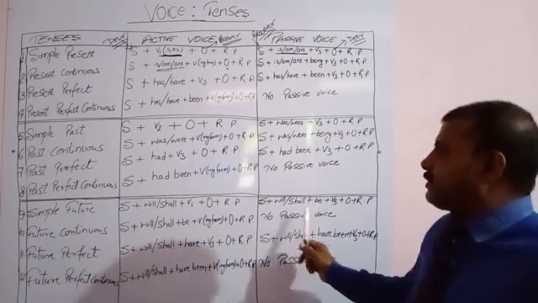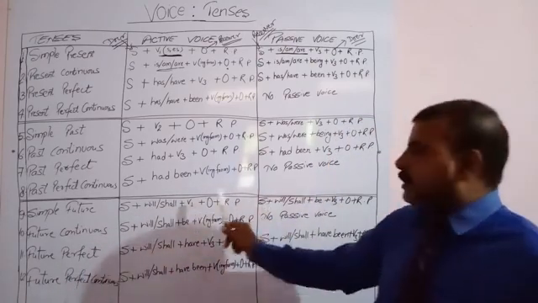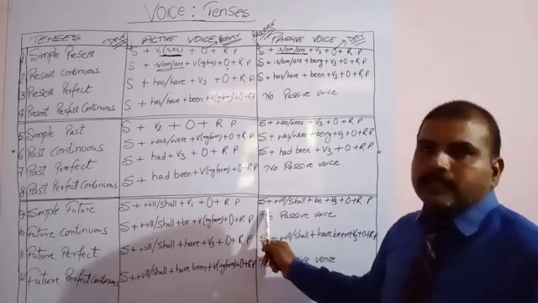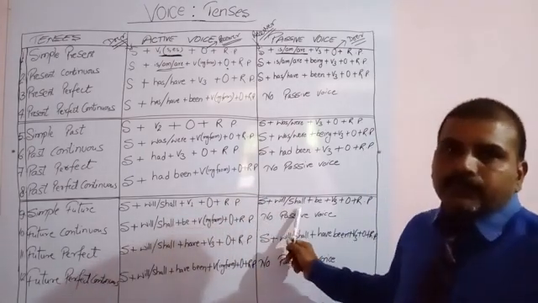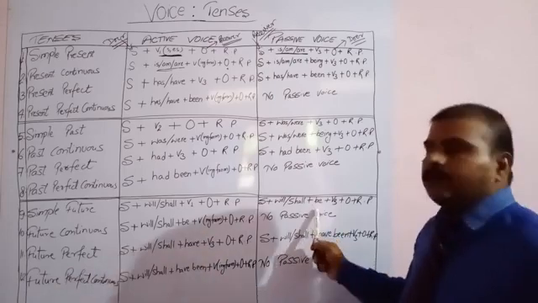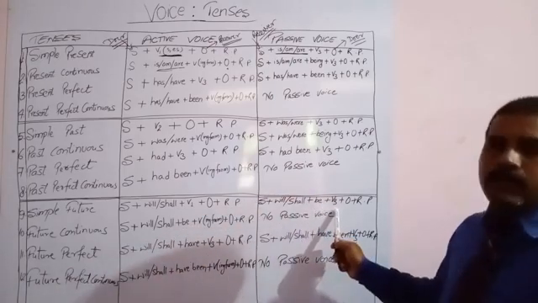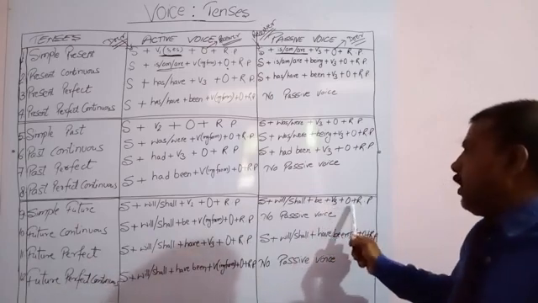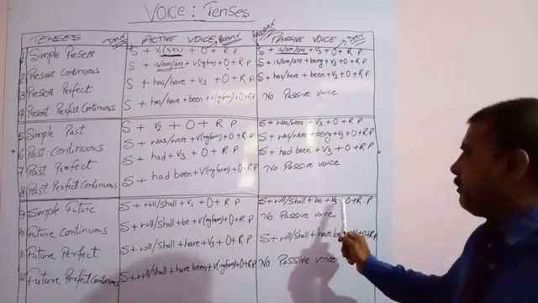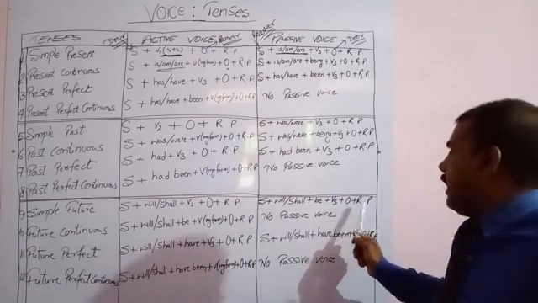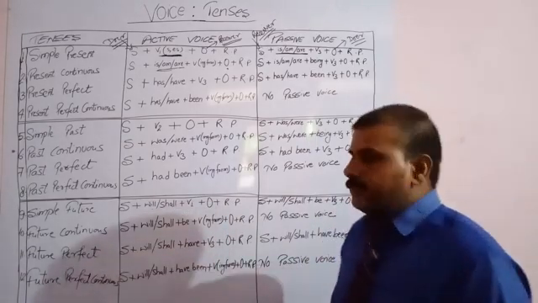In passive voice, the subject, meaning the receiver of the verb, becomes the subject, will or shall denoting future case, and then afterward we add be, and after that we use the third form of the verb. Then the object, meaning the doer of the verb, becomes the object in passive voice, and the remaining part of the sentence.